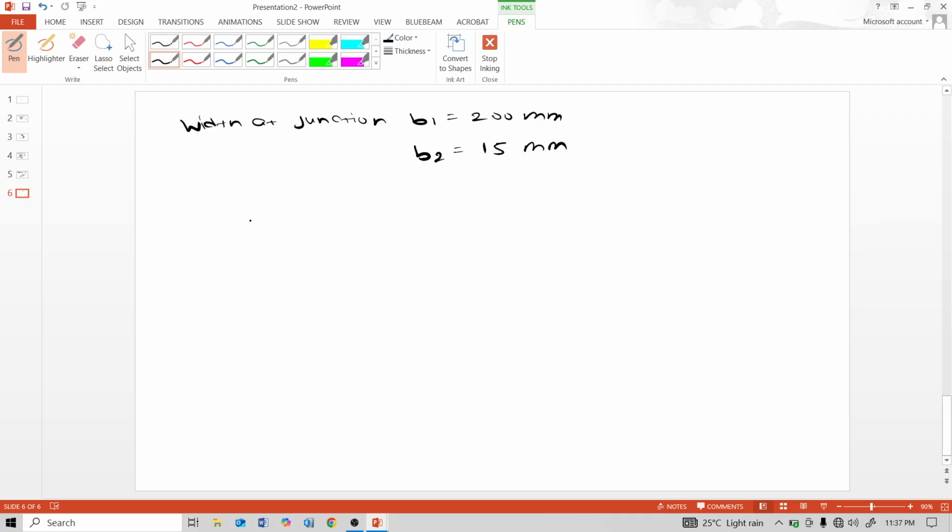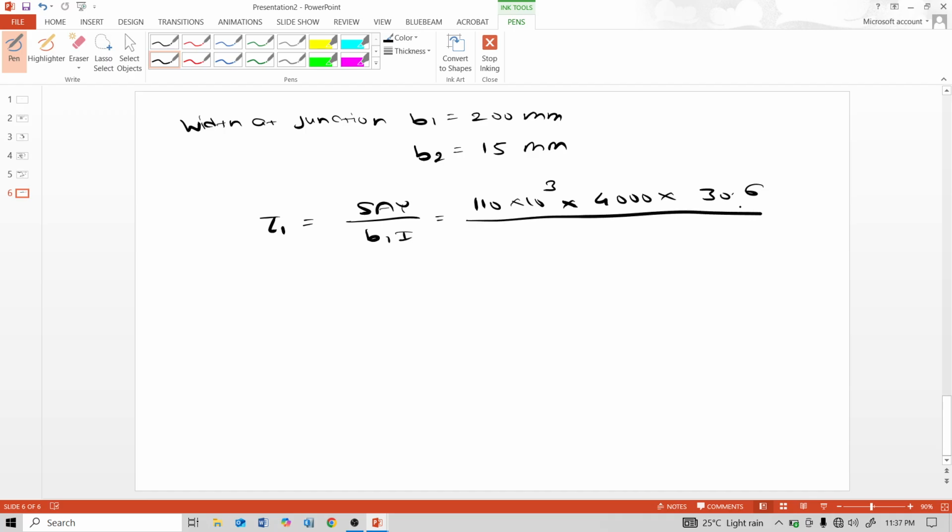So using the formula tau 1 is equal to SAY upon B1I. S is 110 kilonewton, that means 110 into 10 raised to 3 Newton, multiplied by the area for that flange portion, which is 200 multiplied by 20, that means 4000 mm square, multiplied by the centroidal distance for that flange portion with respect to the neutral axis, 30.6 mm, and divided by B1I.